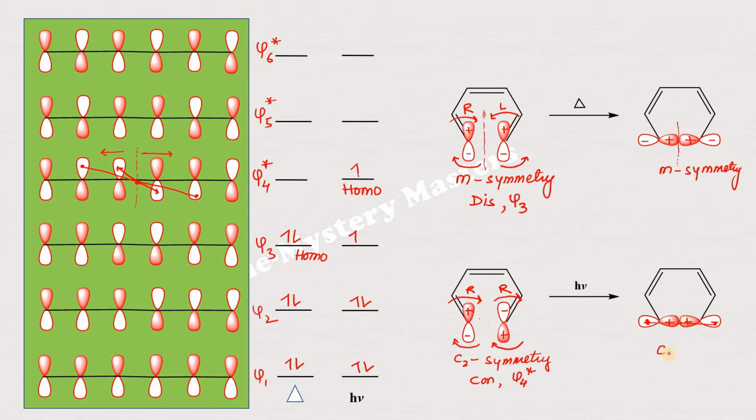That's why you can say that there is C2 symmetry present. So this is how we can say that in thermal condition there will always be disrotation, while in hν condition there will always be conrotation for 1,3,5-hexatriene molecule.